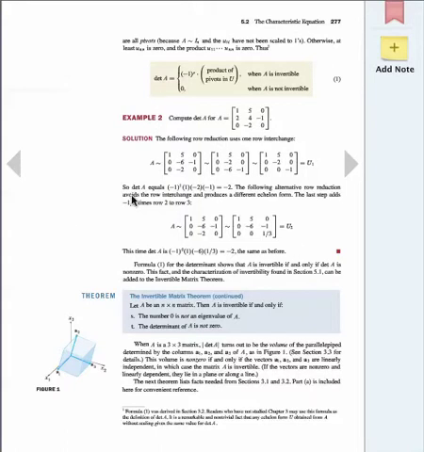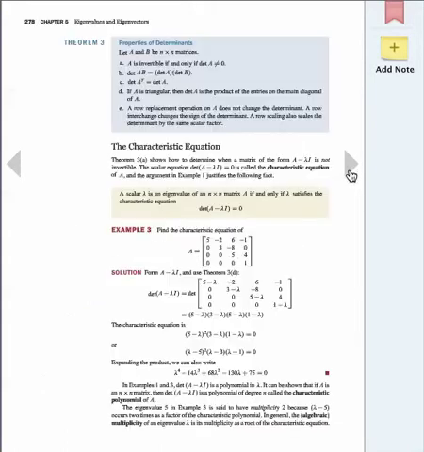Now, the gist of this discussion is we have properties of determinants, which you've seen before. So that's fine. The gist is that lambda is going to be an eigenvalue of A exactly when there are non-trivial solutions to the equation A minus lambda I times x equals 0.